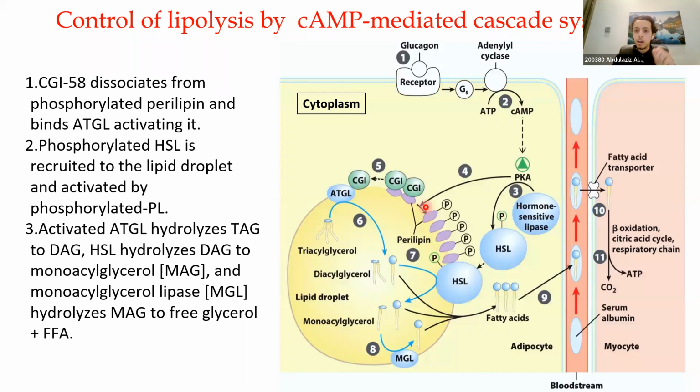The CGI, which is not phosphorylated, by the way, will go to what we call adipose triglyceride lipase. So we have two separate complexes: the adipose triglyceride lipase with the CGI58, and hormone-sensitive lipase with perilipin. Basically, protein kinase A activated essentially two lipases in one step. That's what it did.